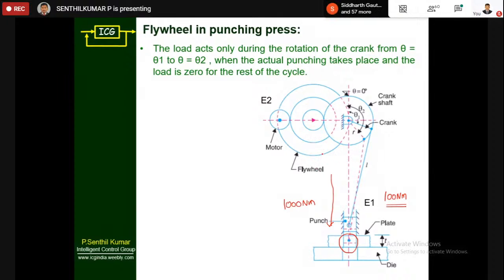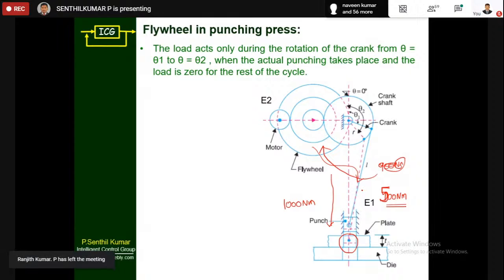Okay, what happens during the return motion? Say for example, for return you need 500 Newton meter energy, but you already have 1000 Newton meter. The remaining 500 is stored in the flywheel. And again during the forward motion, you don't need to apply 1000 Newton meter. You just apply 500 Newton meter. The remaining 500 Newton meter is supplied by the flywheel.